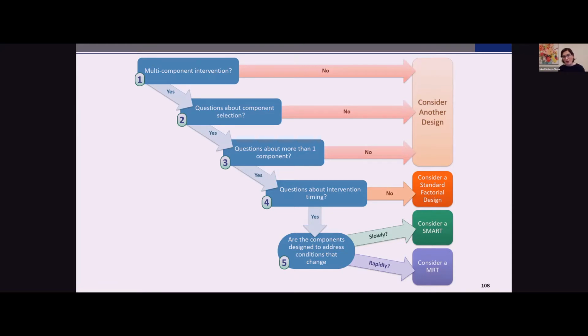And this is important because sometimes, myself included, people get excited about a design and they start by specifying the kind of design that they want to use, and then they're trying to match the scientific questions that would justify using this design. But I keep saying it to myself, and I'm saying this to you, this is not good scientific practice. Good scientific practice is to start with specifying the kind of intervention that we want to develop and open scientific questions that we need to address.